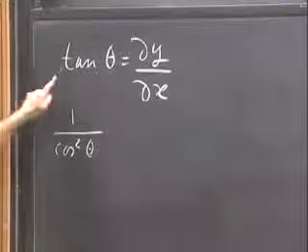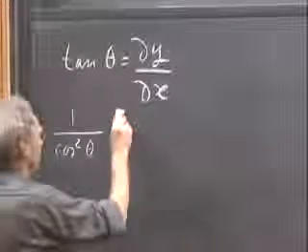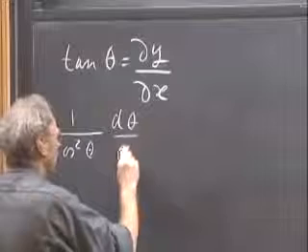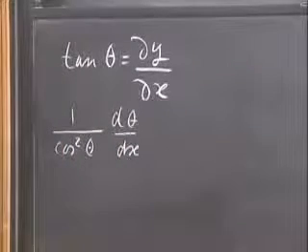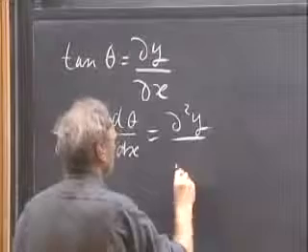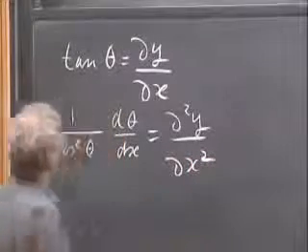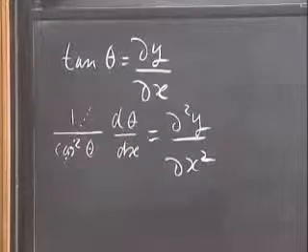So this is the derivative of the function itself. And then, of course, I have to multiply it by d theta dx, because I take the whole function derivative in dx. And so here I get d2y dx squared. But for small angular approximation, cosine square of theta is 1.